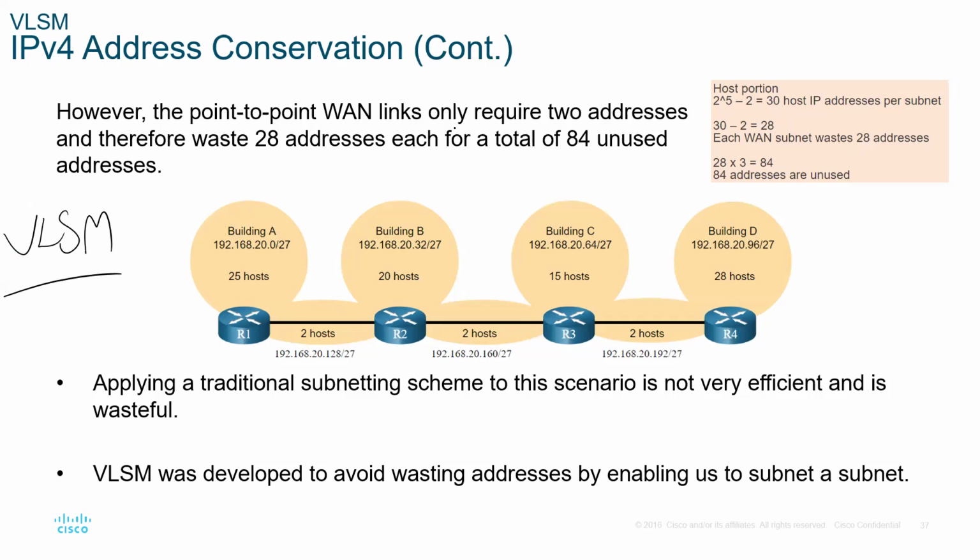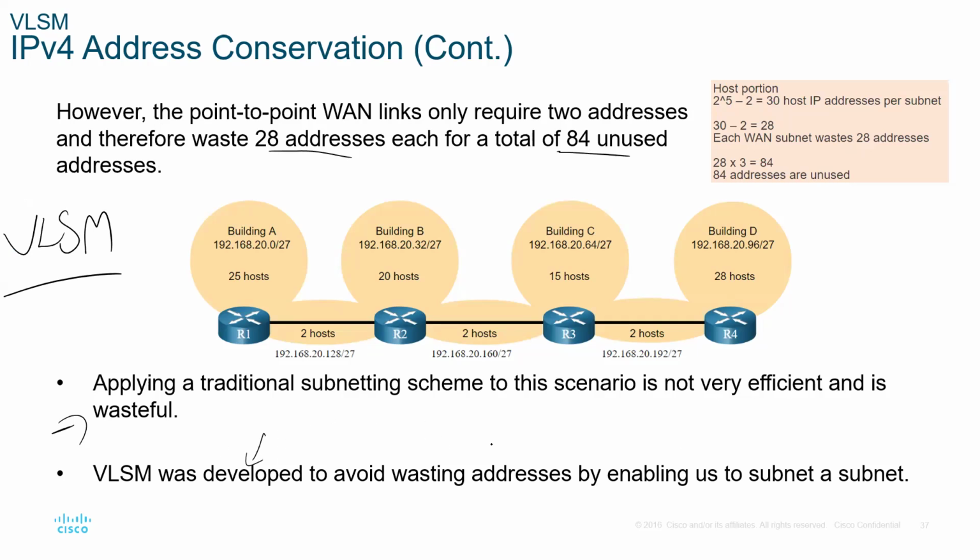However, the point-to-point WAN links only require 2 addresses and therefore 28 addresses are unused each, making a total of 84 unused addresses. That's where wastage is coming from. Applying the traditional subnetting scheme to this scenario is not very efficient and is wasteful.